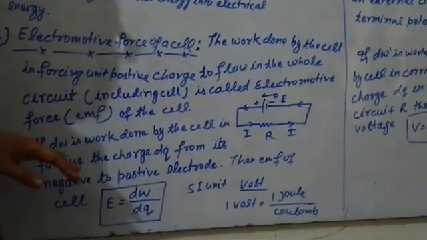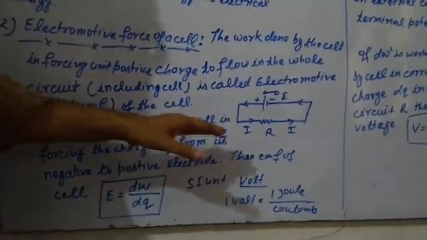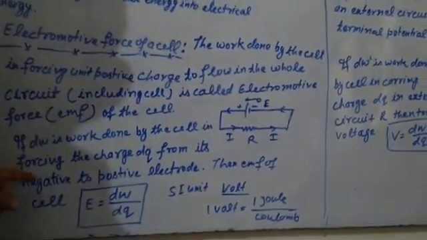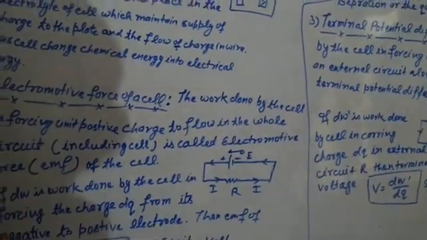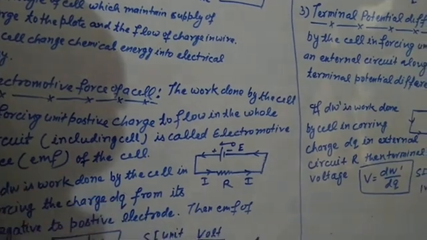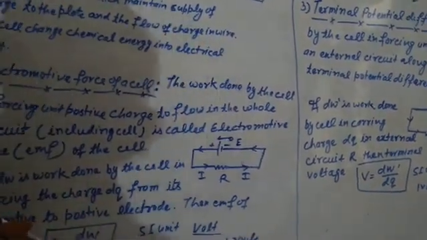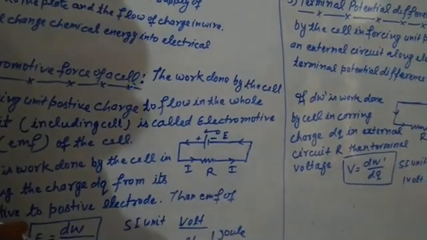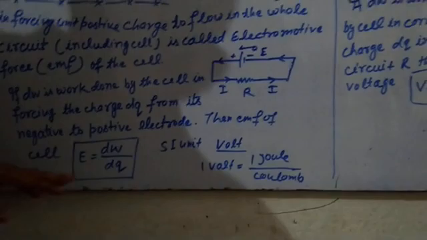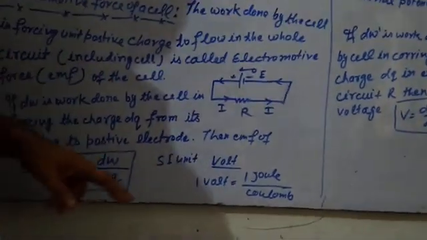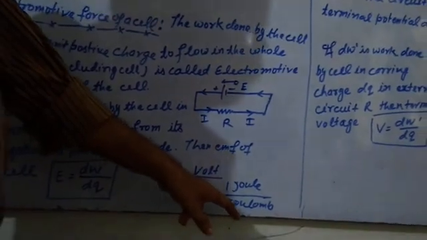If dW is the work done by the cell in forcing the charge dq from its negative to positive electrode throughout a complete circuit, it is called the EMF of the cell. Then EMF of the cell equals dW by dq. The SI unit is volt, 1 volt equals 1 joule per coulomb.